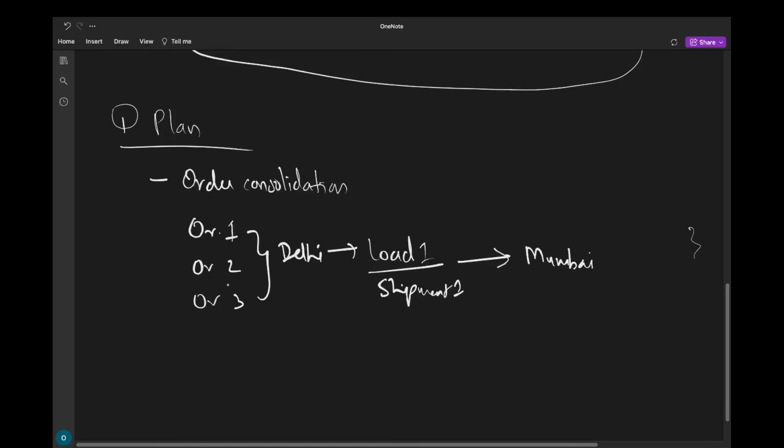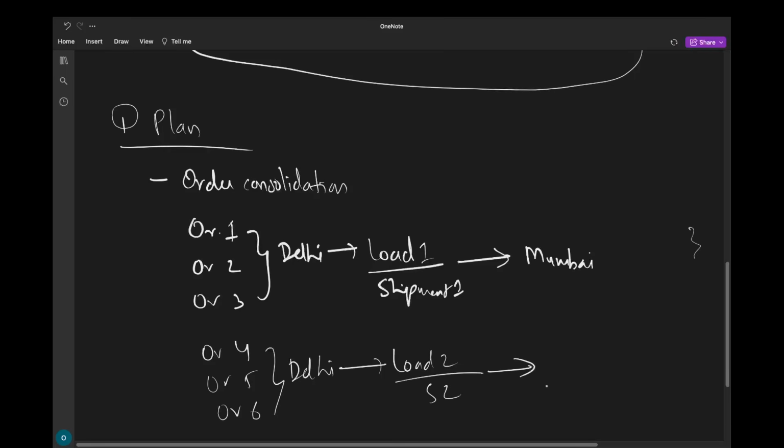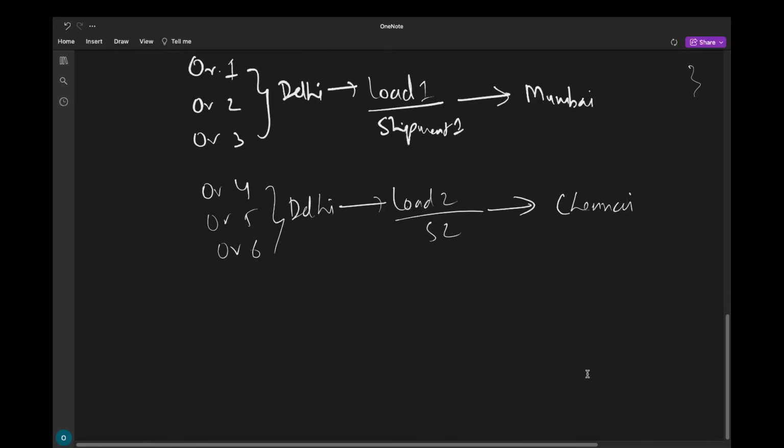Now order 4, order 5, order 6. These are also at Delhi. We created load 2 or shipment 2 and send it to Chennai. So this is how order consolidation happens.